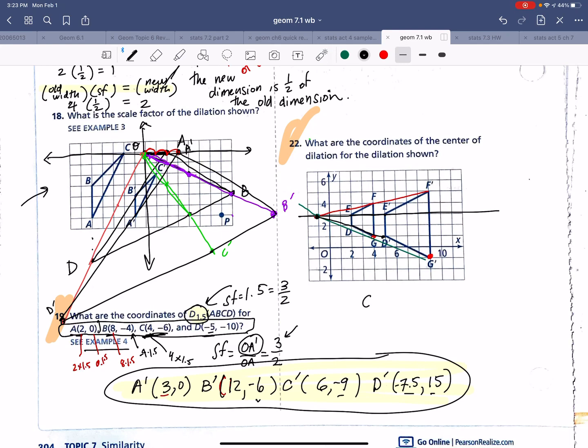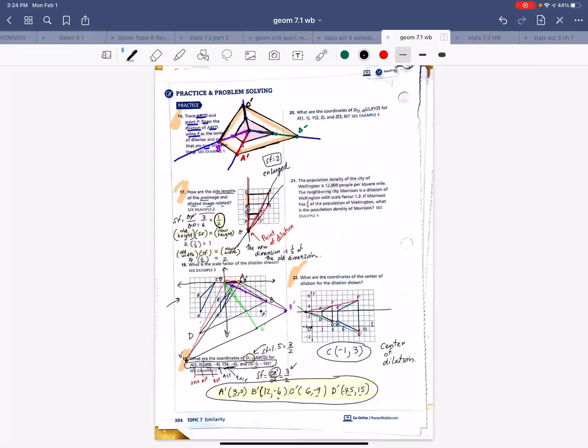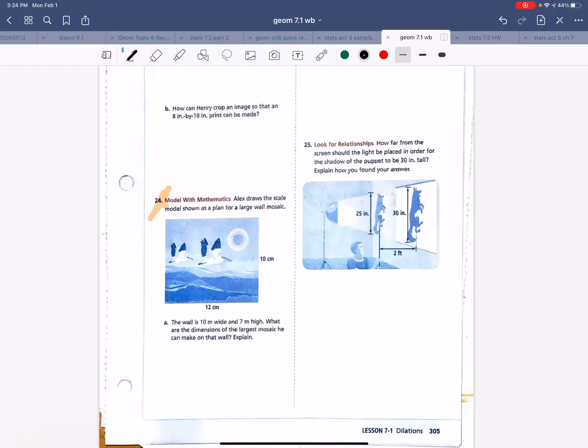All of those lines seem to be meeting at the coordinates, if this is the origin, negative 1, positive 3. That is my center of dilation. Nice.